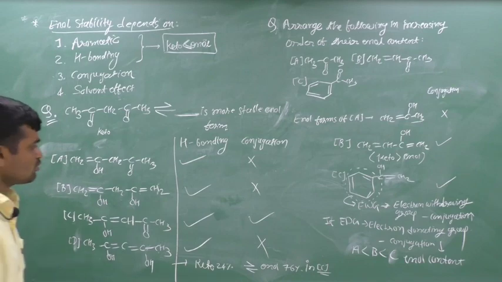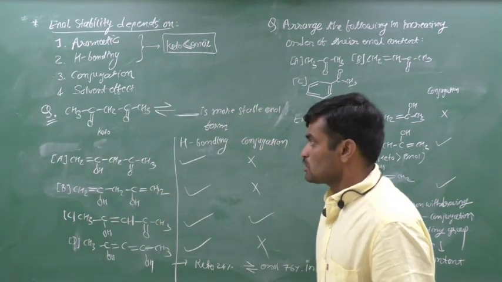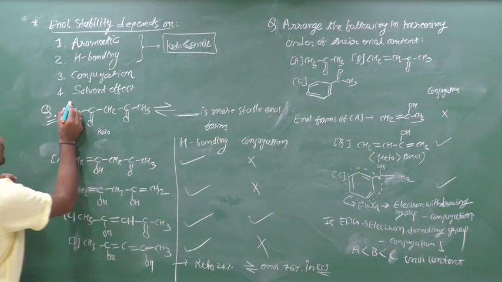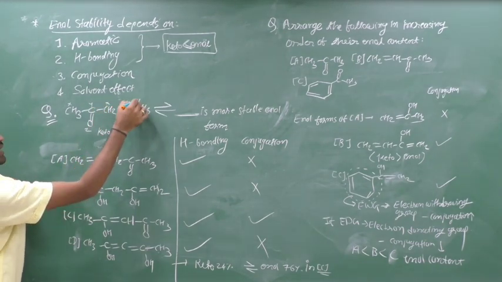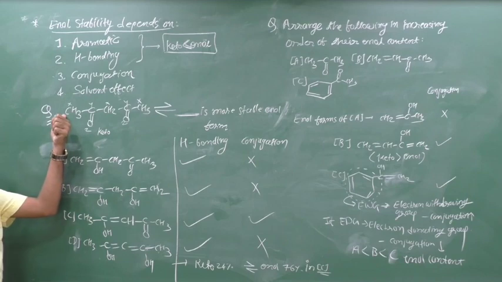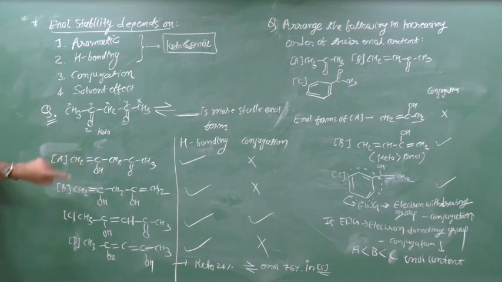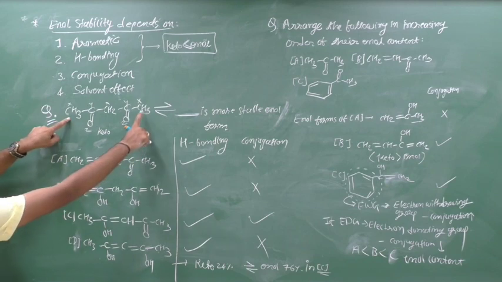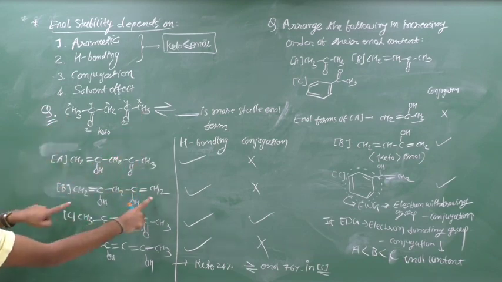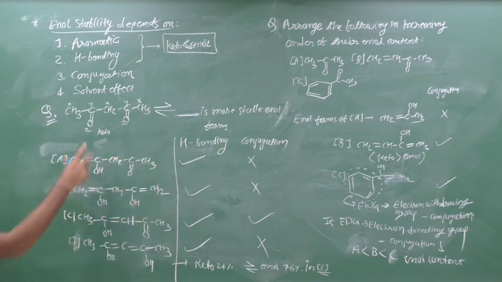These four are the enol contents of this compound, because here there are three possibilities X, Y, Z. If the hydrogen can shift from here too, we will get this content. If we shift the hydrogen from these two sides, we get this content, and if we shift two hydrogens from here, we get this content.